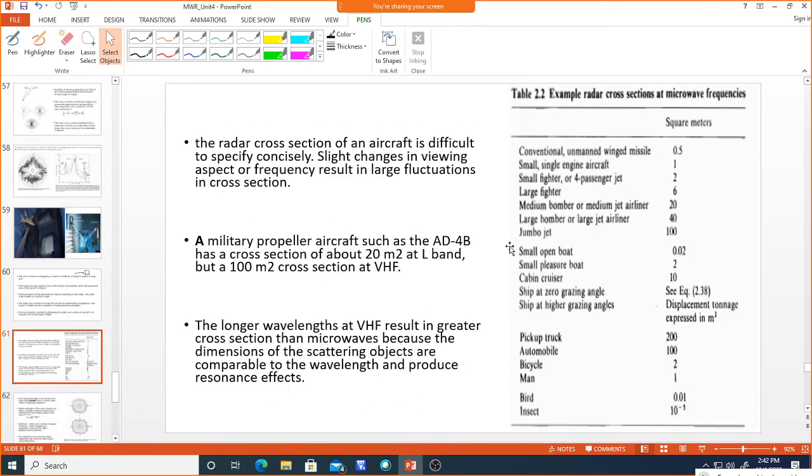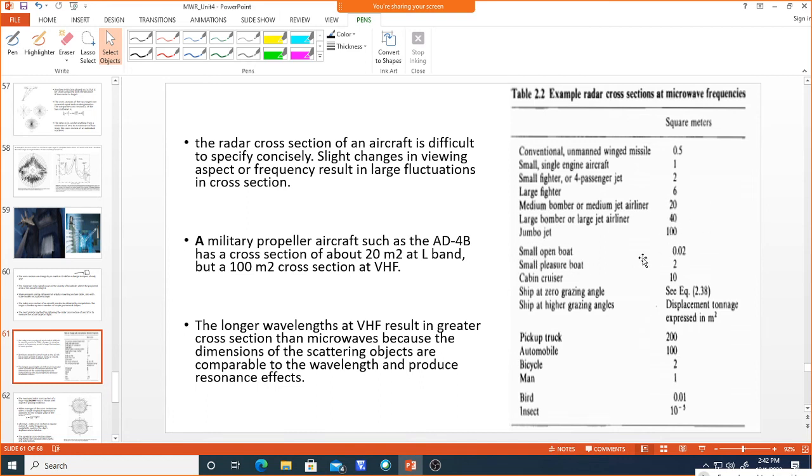Okay. So now you can see an example of different types of radar cross section at microwave frequencies. The missile has 0.5 square meter, and a small engine aircraft has an RCS of 1 square meter. Different types of targets are measured individually.